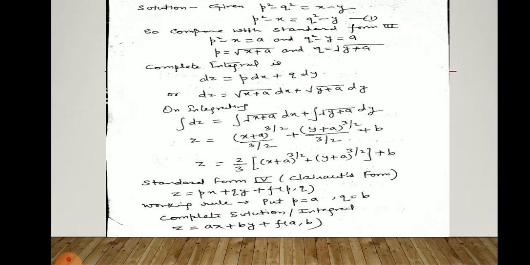If you compare with standard form third, then it is clear that this equation 1 is of the form f1(x, p) equal to f2(y, q), which is also known as standard form 3. So we put p square minus x equal to a and q square minus y equal to a. So clearly p is equal to root of (x plus a), q is equal to root of (y plus a).